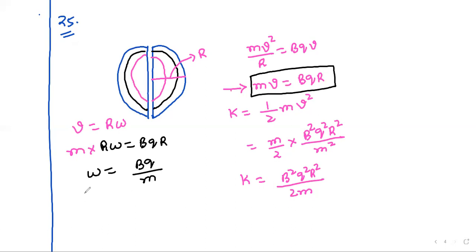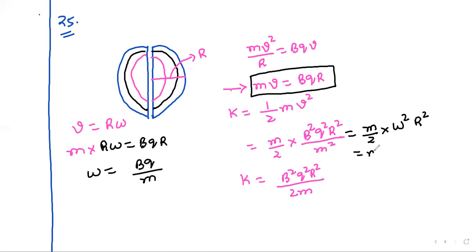Omega equal to bq by m. Now this I will write as m by 2 into b square q square by m square, which I can write as omega square r square.